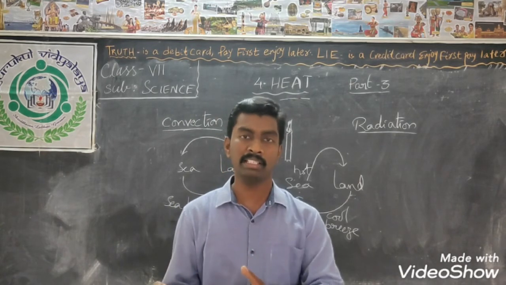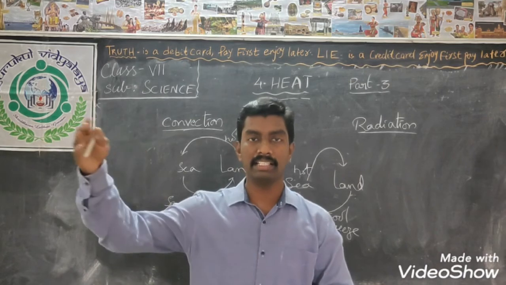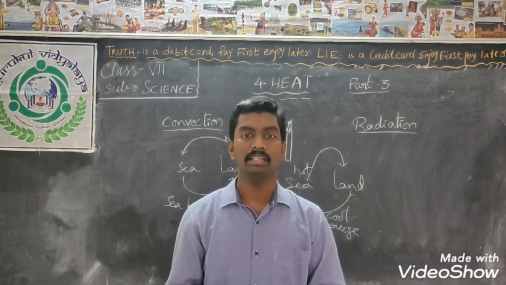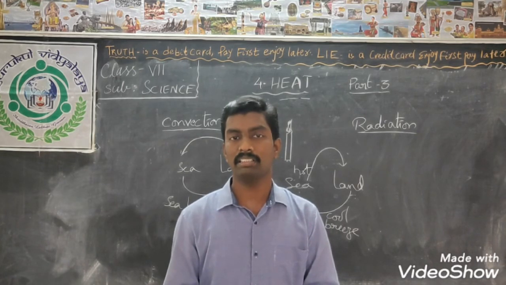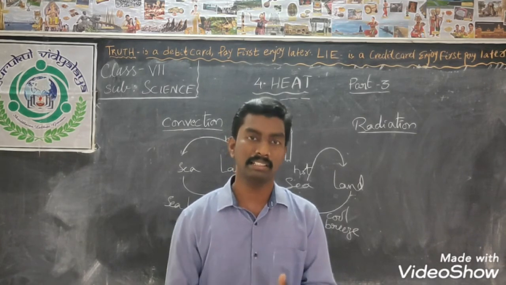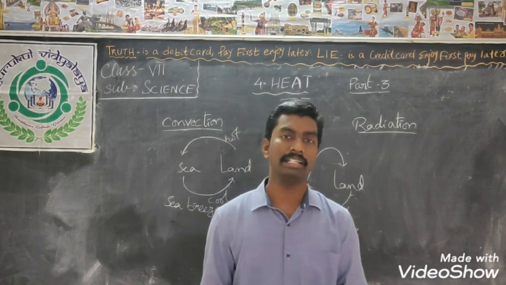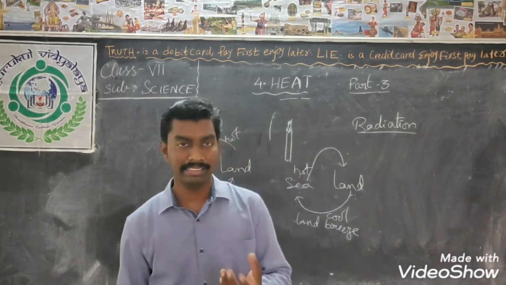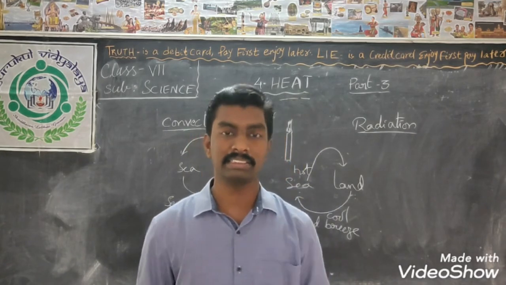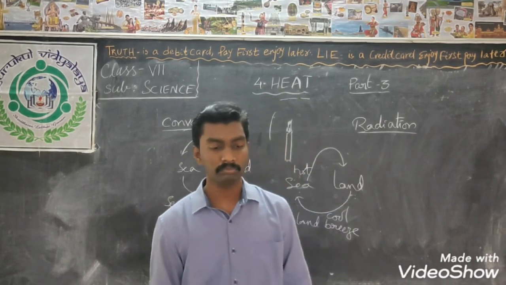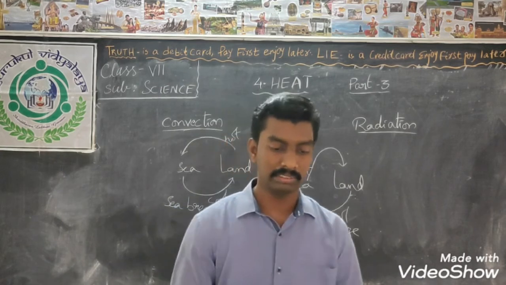But what about the white colored coating? When the sunlight falls on the tin, it is reflecting back, the heat is reflecting back. So that's why the water inside the white colored tin container is less heated, the temperature will be less. This difference we can understand by touching the water in both the containers.